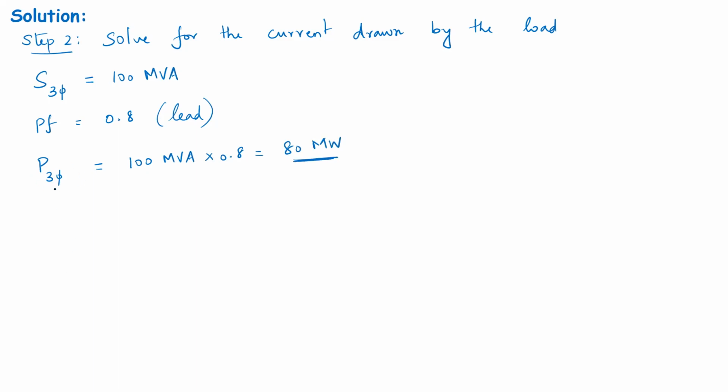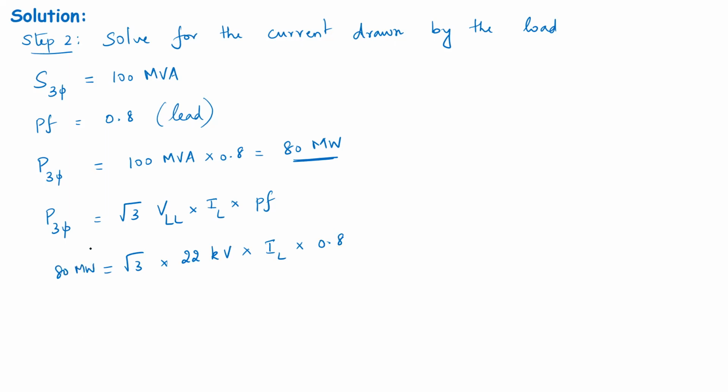Now, the three-phase real power consumed can be used to solve for load current. We know that P three phase is equal to root 3 into V line to line into I line into power factor. So that is root 3 into the line-to-line voltage, 22 kV, into the line current, which we are yet to determine, into the power factor 0.8, which is 80 megawatts.